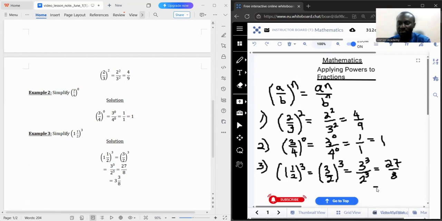Now, 27 divided by 8 is 3 whole number 3 over 8. Therefore, 1 whole number 1 over 2 raised to power 3 is equal to 3 whole number 3 over 8. We hope this is very clear.